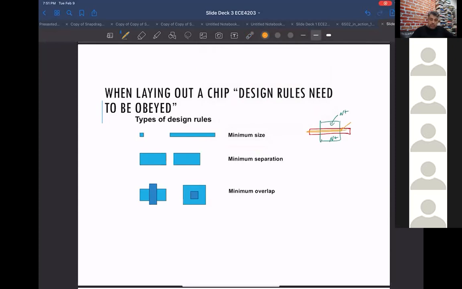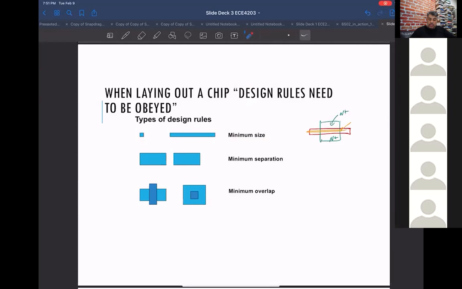So one rule they have is minimum sizing. You'll see there's a set of design rules for the minimum size of, like, a poly layer, or the minimum size in both directions. So that's one failure mechanism.